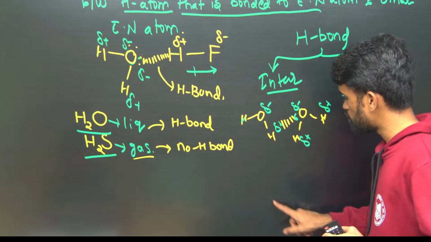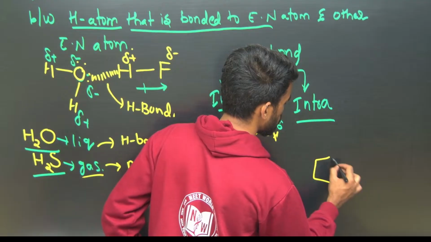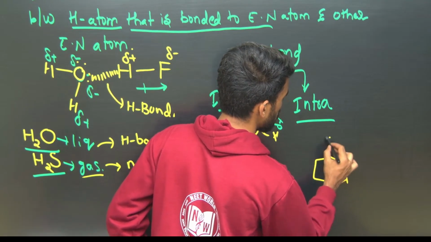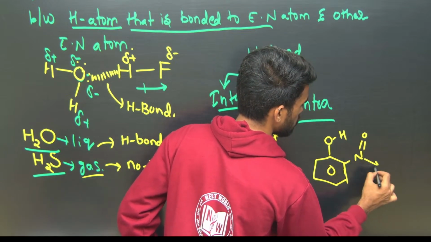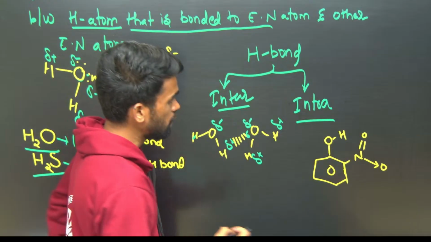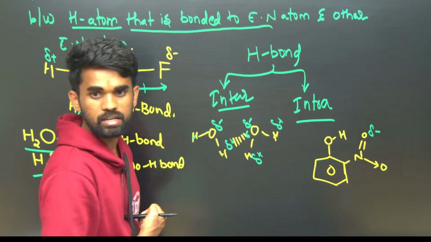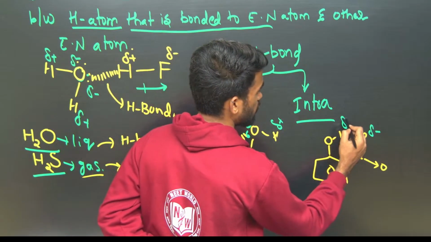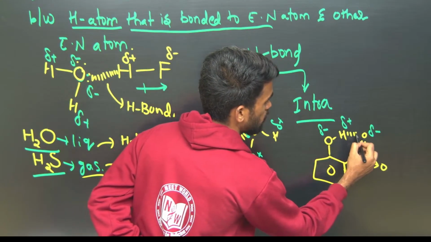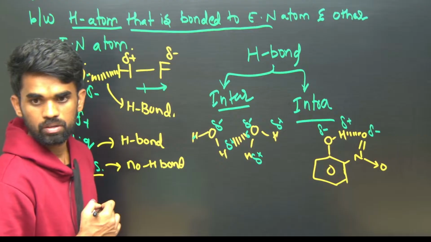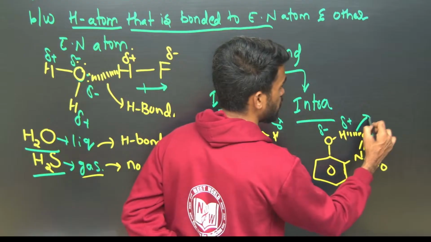So what do we mean by intra here? See, for example, I have a benzene ring having one OH group over here and one nitro group over here, like this. We know oxygen and nitrogen, oxygen will generate a negative charge on it, and hydrogen will have positive and this is negative. So between this hydrogen and oxygen, a hydrogen bond exists here.